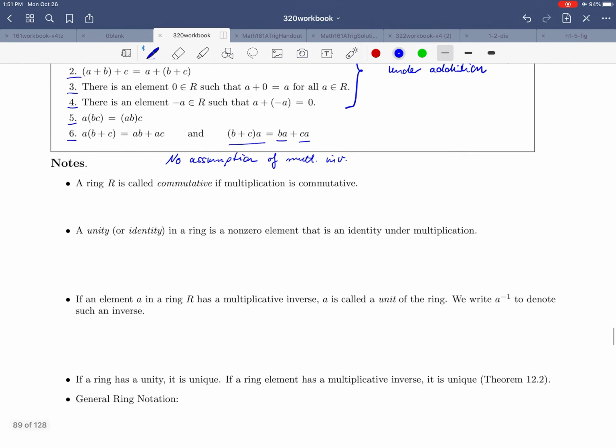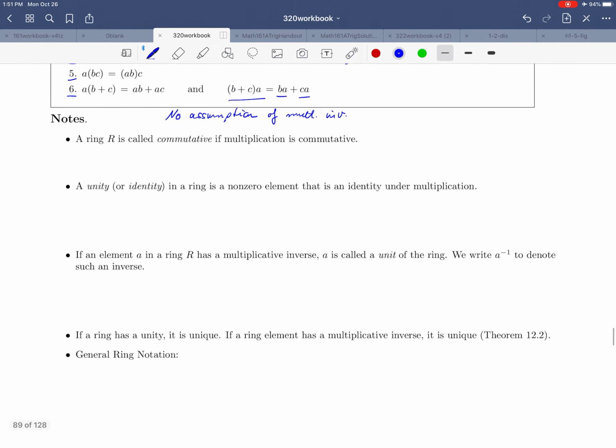Now we have a few more notes that I want to make sure we mention. If multiplication is also commutative, then we call R a commutative ring. So addition is always commutative in a ring, but multiplication doesn't have to be. But if we do have it, then we call our ring commutative.